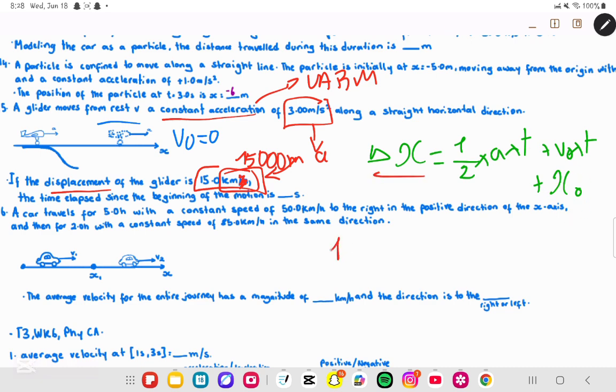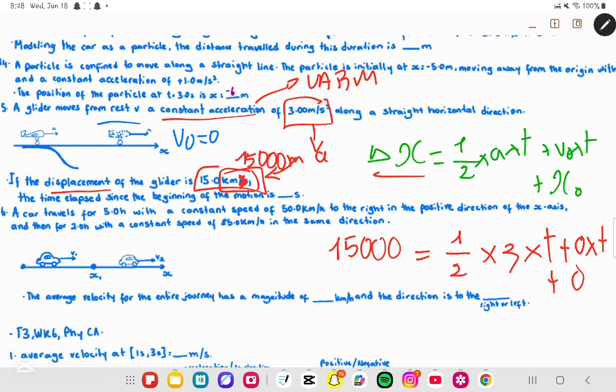The displacement, 15,000 meters, is equal to 1/2 times acceleration times the time squared plus velocity initial, which is 0, times the time plus x initial, which is 0. And the acceleration was 3 meters per second squared. So it's going to be 15,000 is equal to 1/2 times 3 times the time squared.